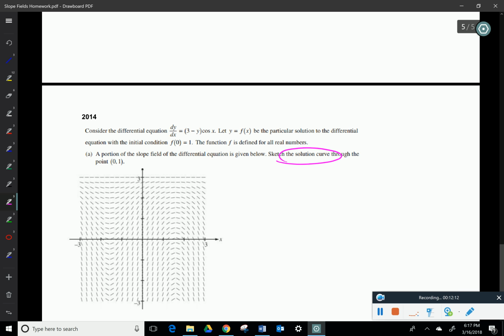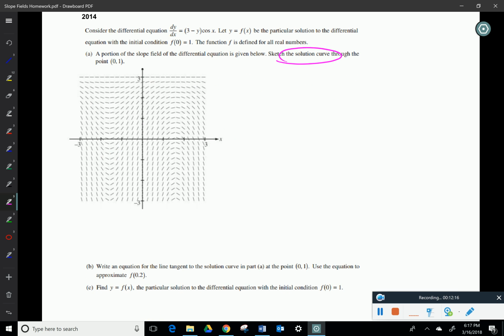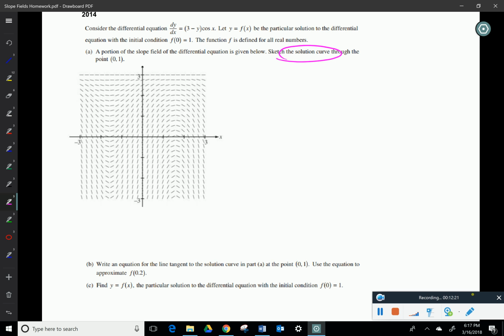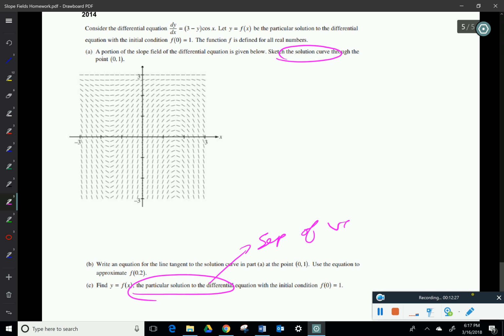It doesn't have to be exact, but you're sketching the solution curve. But notice still when you get down to letter C, it still says find the particular solution, which means you're going to have to separate the variables. So all of these slope field questions come down to that separation of variables type problem.